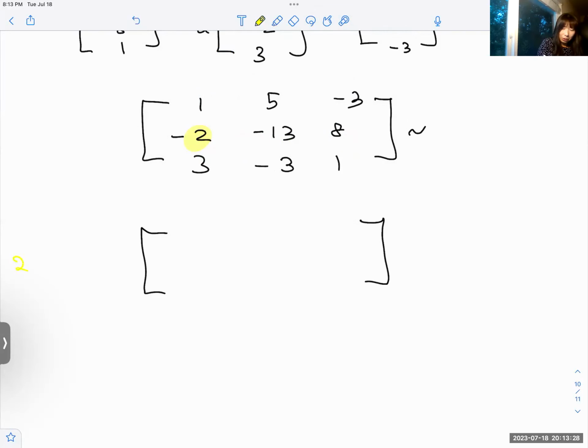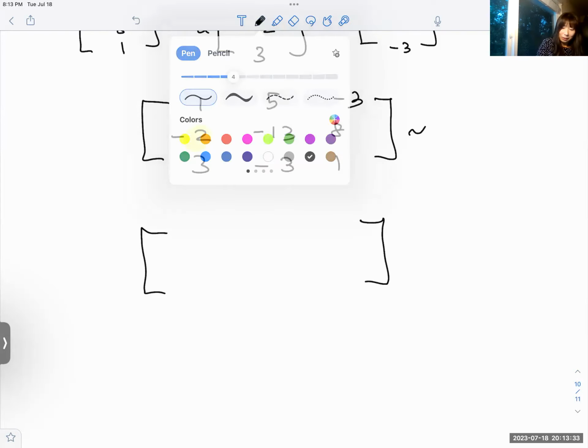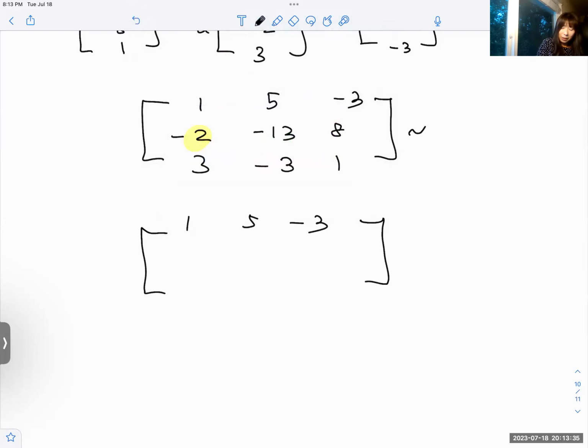So 2R1 plus R2 to get R2. So we have 0, -3, 2, 3. How about here? We make 0 with -3R1 plus R3 to make R3, right?